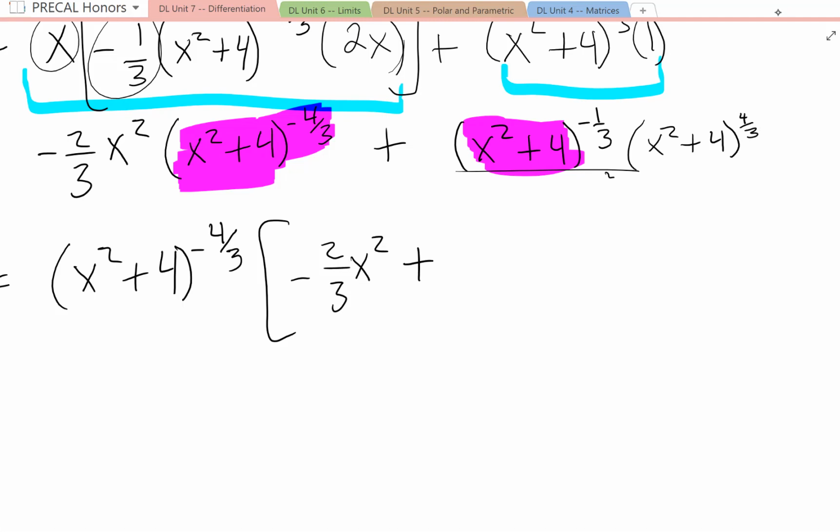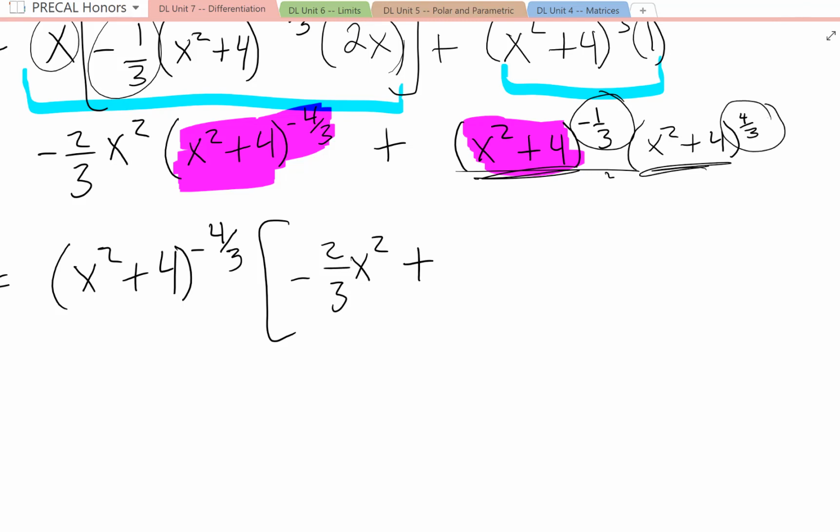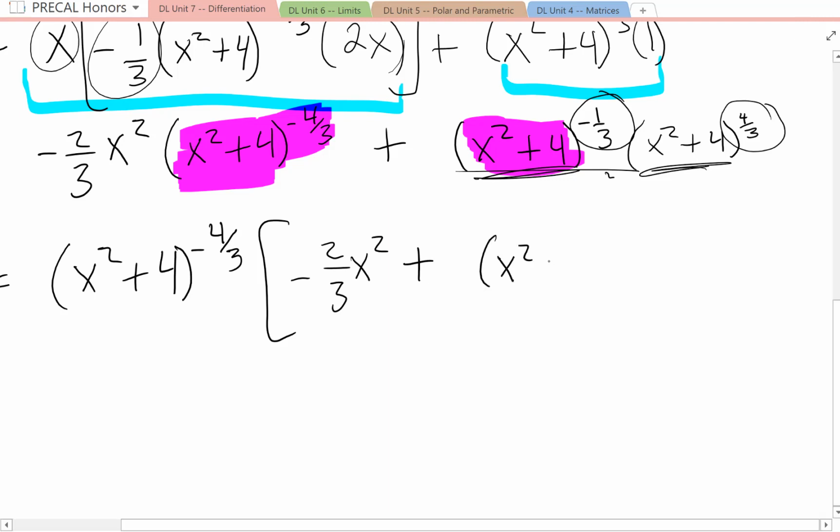And when you're multiplying the same base, you add the exponents. Negative 1/3 plus 4/3 is 3/3. So you have x squared plus 4 to the power of 1.